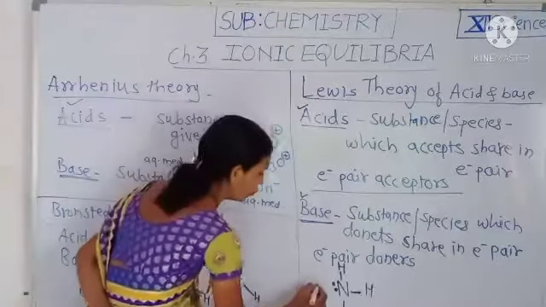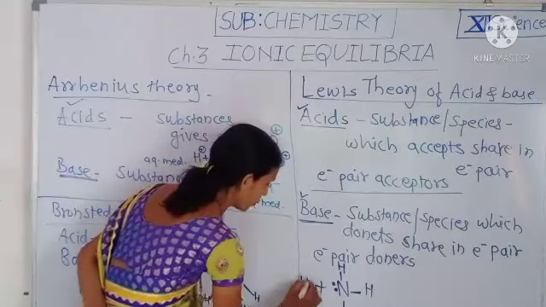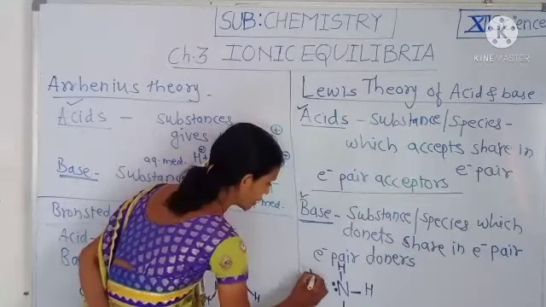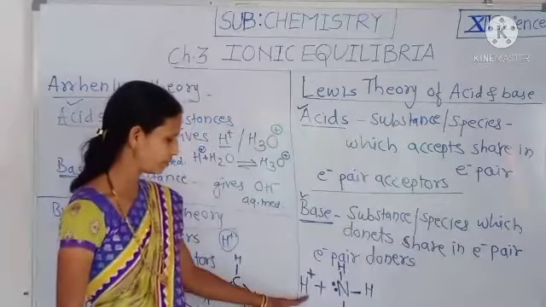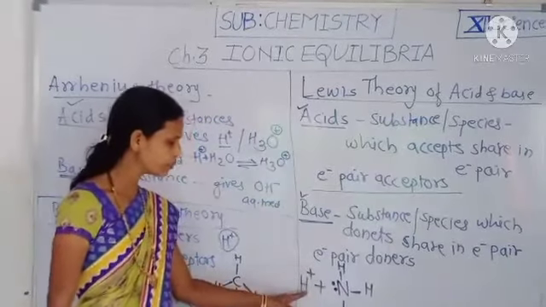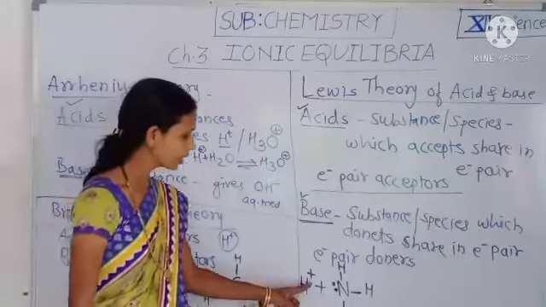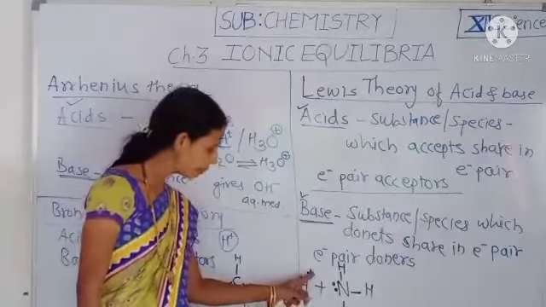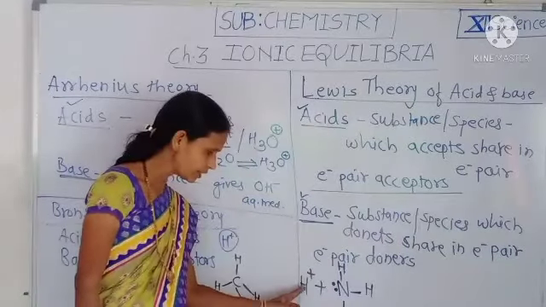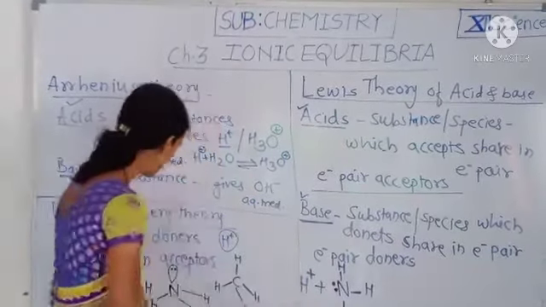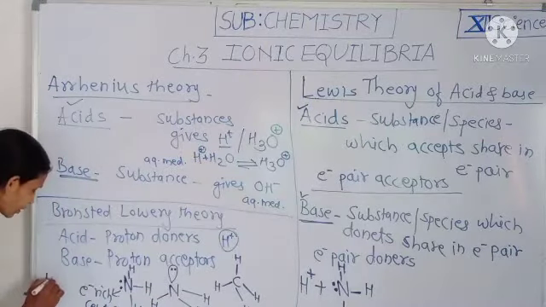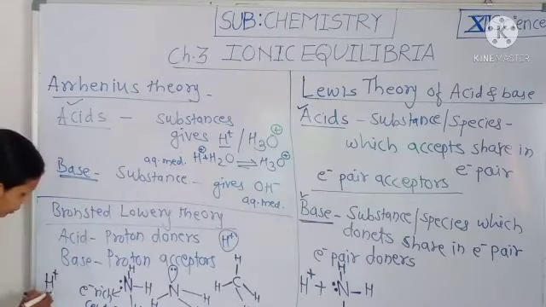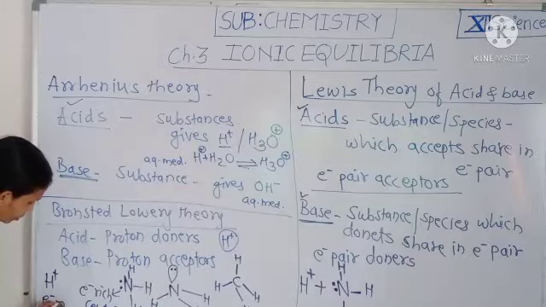And H plus ion, that means proton, the plus sign means it is a cation, and as it is a cation, the plus sign on it indicates that it is an electron poor reagent.